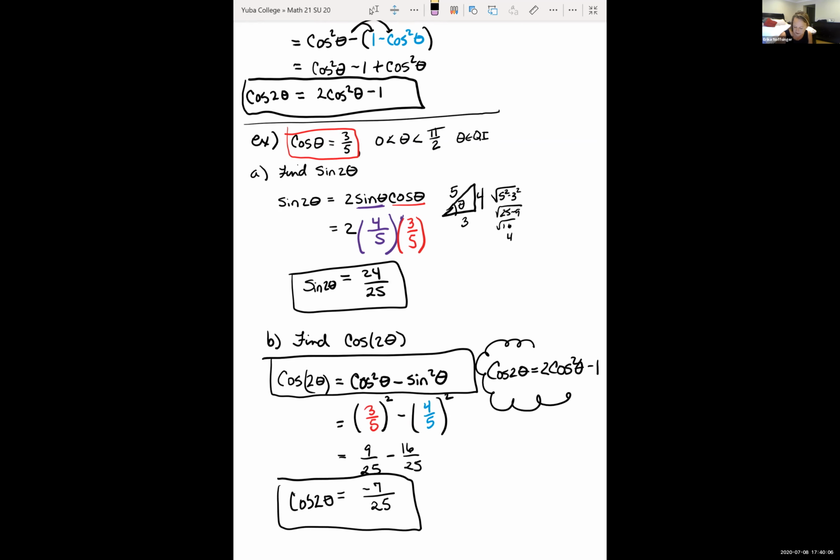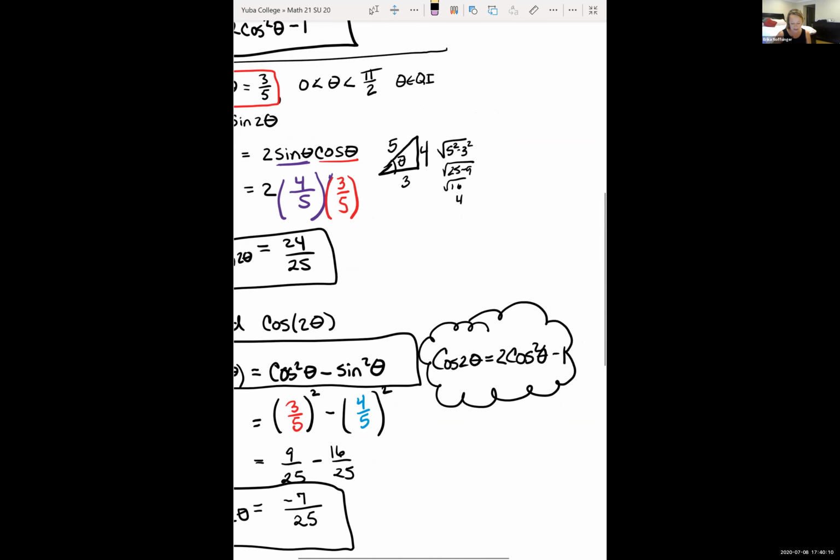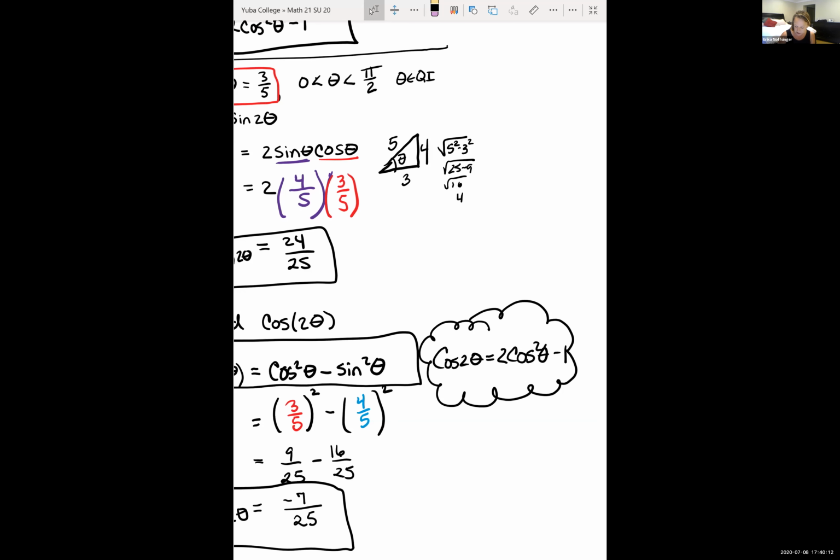And so if I decided to use this form, I wouldn't have had to figure out what sine theta was. And so I could have said, well, then cosine 2 theta is equal to 2. We were given that cosine of theta was 3/5. So if we plugged it in here, squared it, minus 1. So we have 2 times 9/25 minus 1.